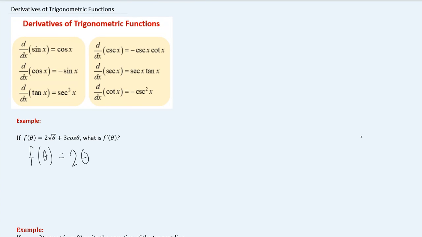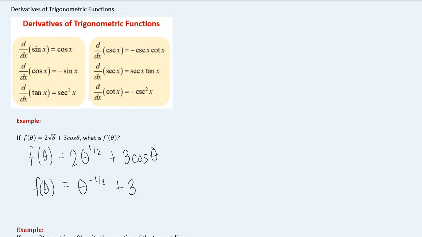So that would be theta raised to the 1/2 power plus 3 cosine theta. And so then if we apply the power rule, that'd be 1/2 times 2, which is 1. So then 1/2 minus 1 is negative 1/2.